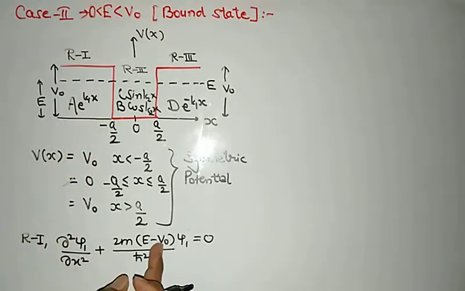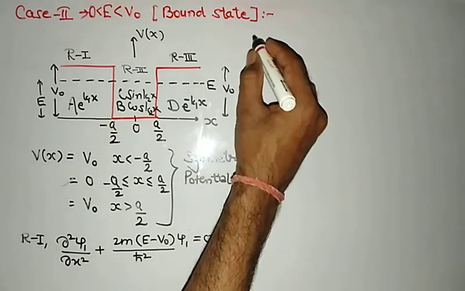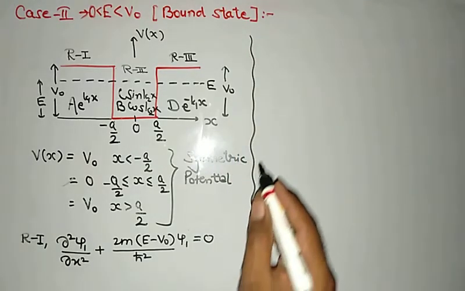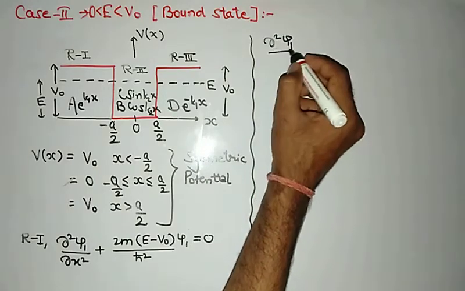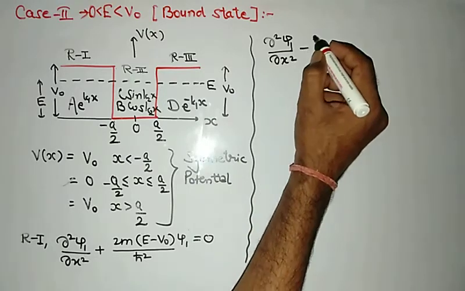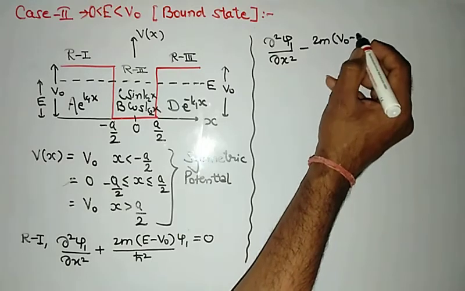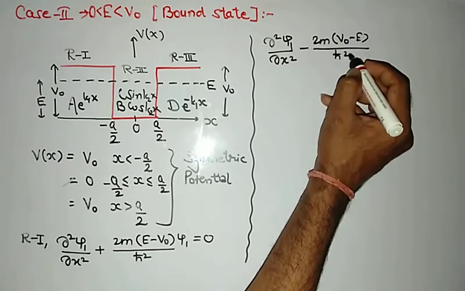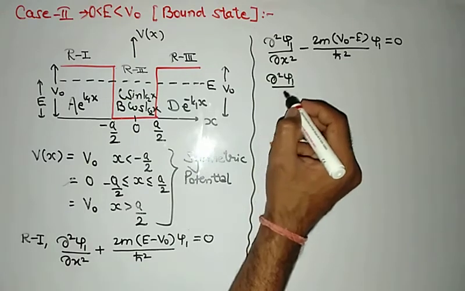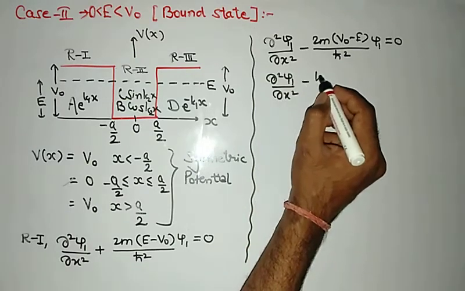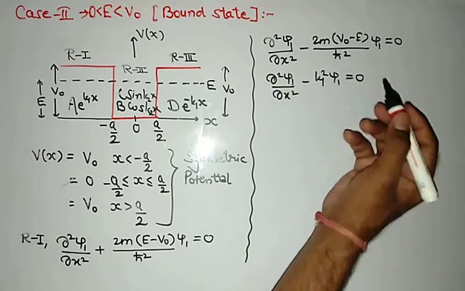As V naught is greater, we will write this as del square psi 1 upon del x square minus 2m (V naught minus E) upon h cut square psi 1 is equal to 0, writing this as k1 square psi 1 is equal to 0.